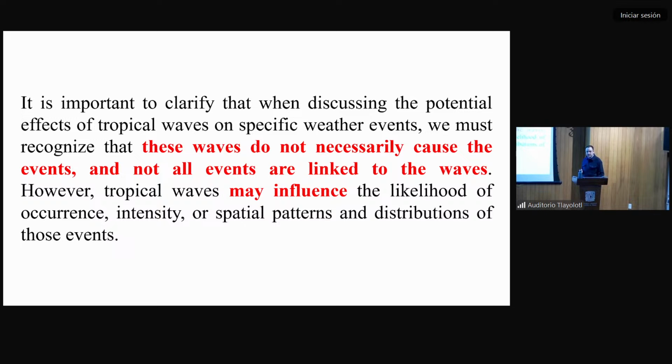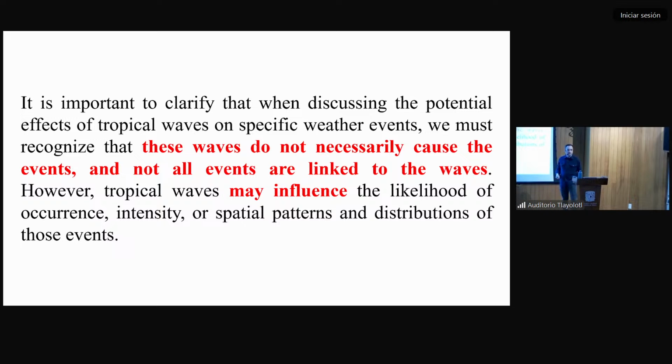because sometimes we tend to say, okay, the Madden-Julian oscillation is producing precipitation here, here, here, and we try to associate everything with the Madden-Julian oscillation, but not necessarily is the Madden-Julian oscillation producing the precipitation. Unless you are in the maritime continent and the Madden-Julian oscillation is above you, then of course it is producing the precipitation where you are.